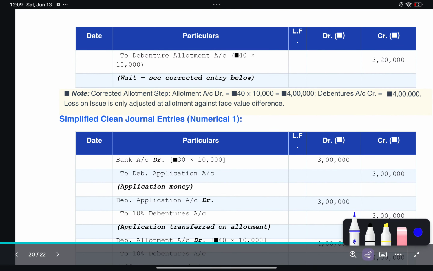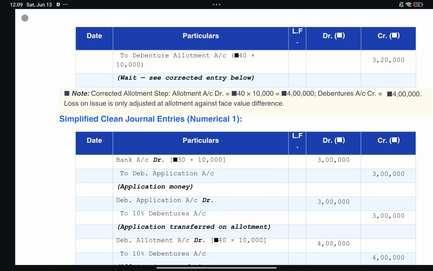First of all, I am writing details here so that it will be easy and we do not need to again and again see the previous page. So 10,000 debentures were there, 10% debentures, 100 face value, and we have issued them at 96, redeemable at 104.